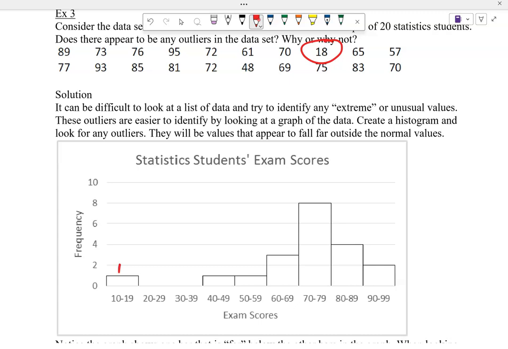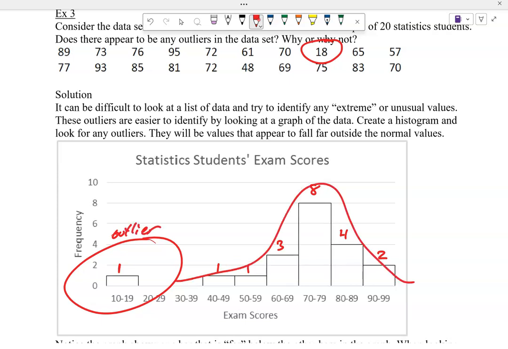There's only one of those scores. There was one in the 40 to 49 range, but these other ones are all bunched up together over here. This is your outlier. It's an extreme value, away from most of the data. That's referred to as an outlier.